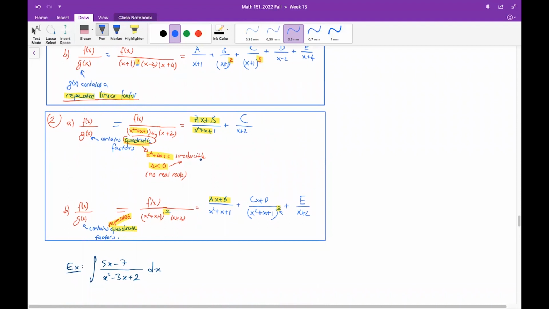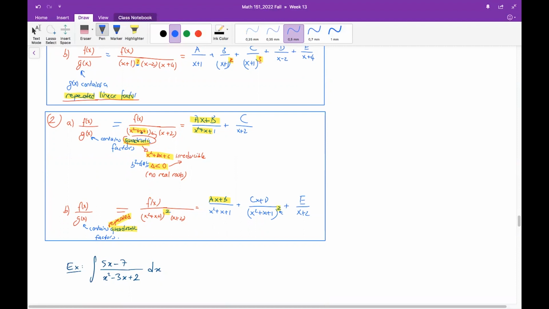Irreducible means you cannot decompose it any further into linear factors. For ax squared plus bx plus c, remember the discriminant, b squared minus 4ac. If this is less than 0, this degree 2 polynomial is irreducible. There are no real roots, so you leave it as it is.